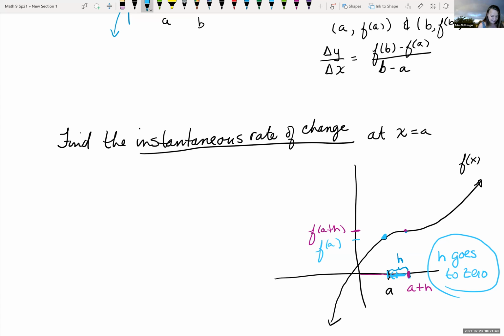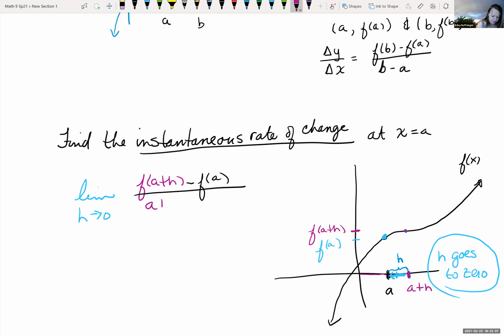And so we can look at this again as a limit as h is going to 0 of our y value. So remember, change in y: f of a plus h minus f of a, all over, well, normally it's the change in our x.